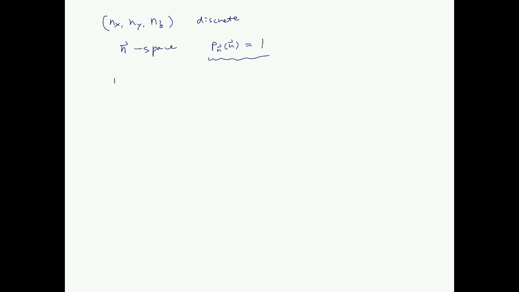So what is the density of states in the omega space? Basically I have the sum over all nx, ny, and nz, right? And then I have a delta.